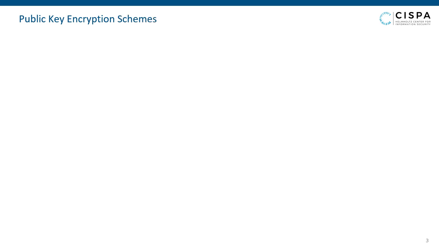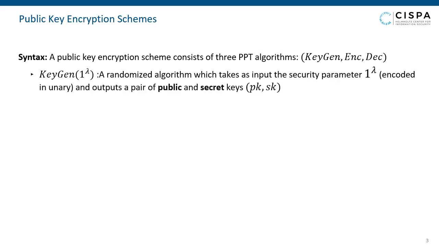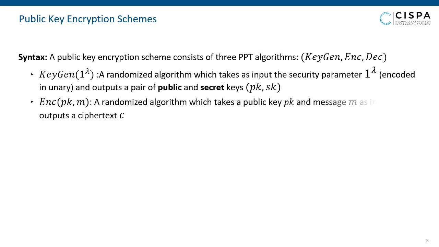Now let's make this a bit more formal. A public key encryption scheme consists of three PPT algorithms, Keygen, Enc, and Dec, just like a private key encryption scheme, but with the following syntax now. Keygen is a randomized algorithm which takes as input the security parameter encoded in unary and outputs a pair of public and secret keys, PK and SK.